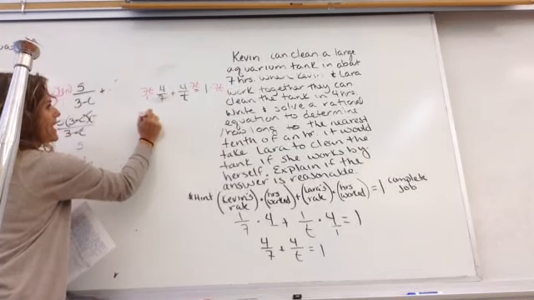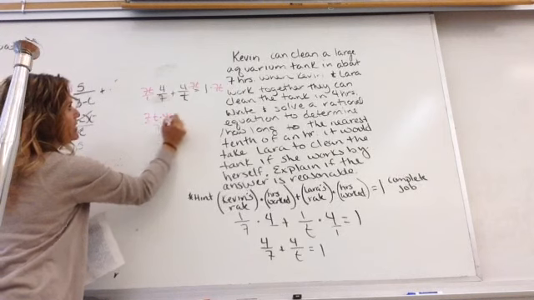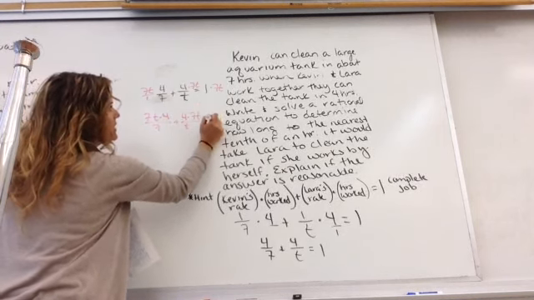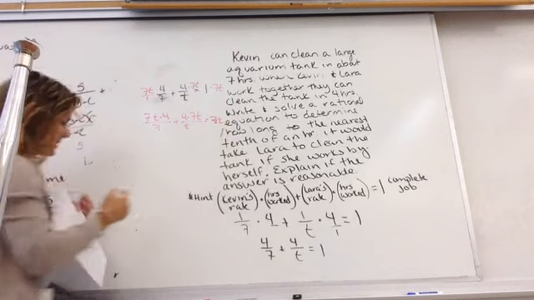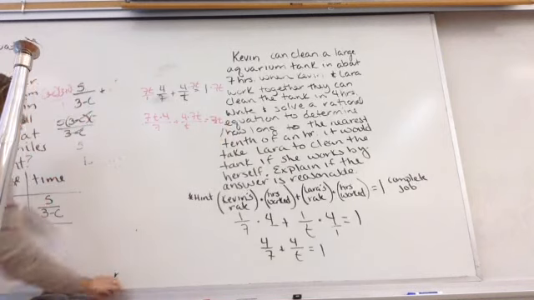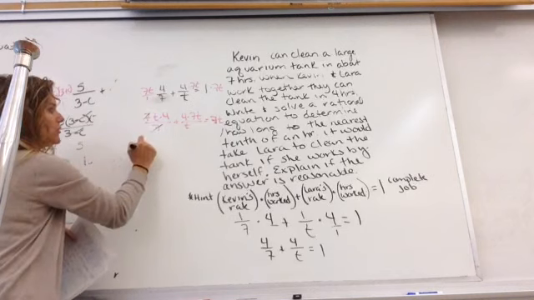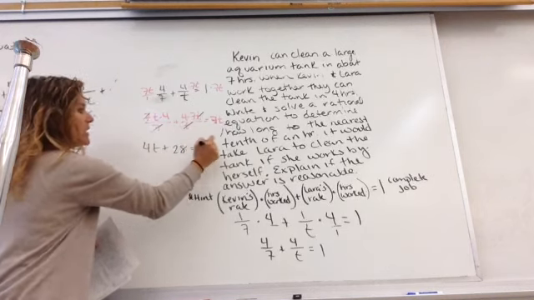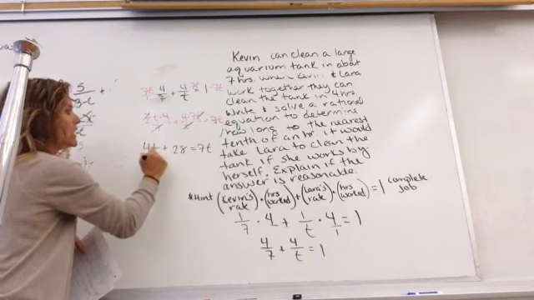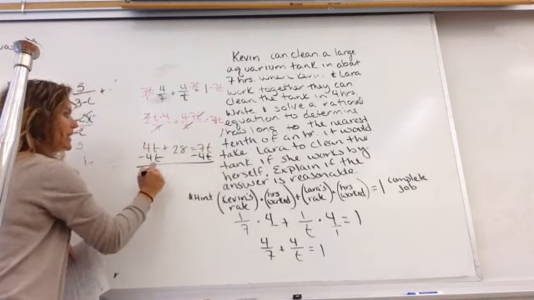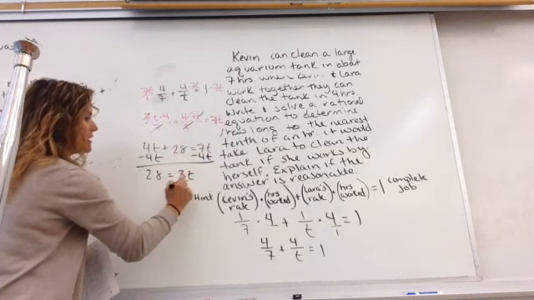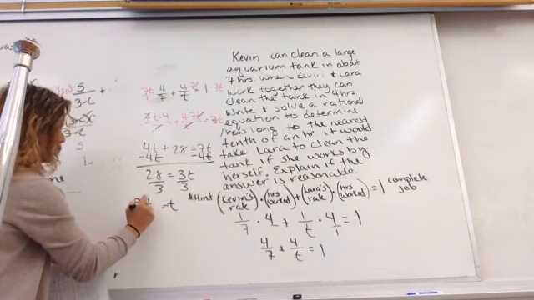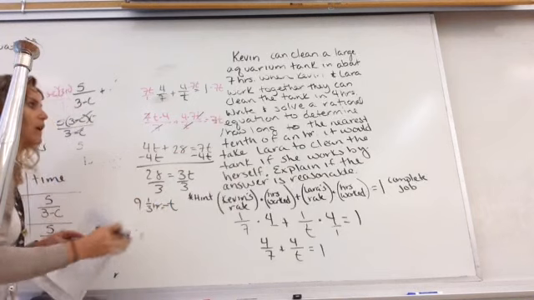When I do that, I get 7T times 4 over 7 plus 4 times 7T over T equals 1 times 7T, which is simply 7T. Now, canceling your common factors, that's 4T plus 28 equals 7T. Subtract that 4T from both sides, so I get 28 equals 3T. Divide by 3, and T ends up being 9 1/3 hours.